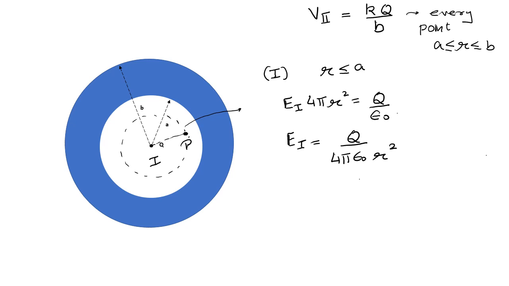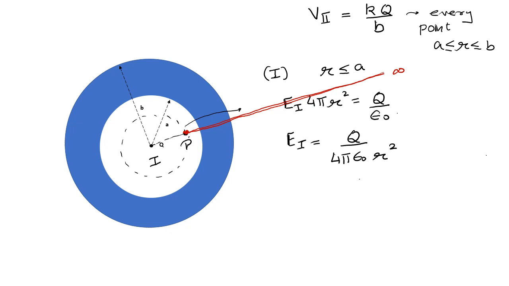To calculate potential again, we have to take a path all the way from infinity and see how high we climb as we get to this point. And that's why outside it helps us.